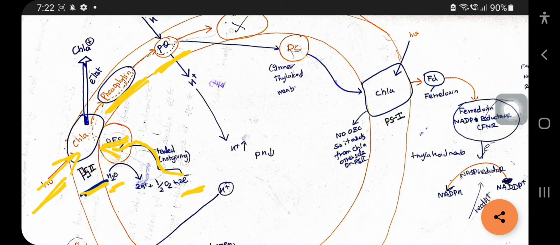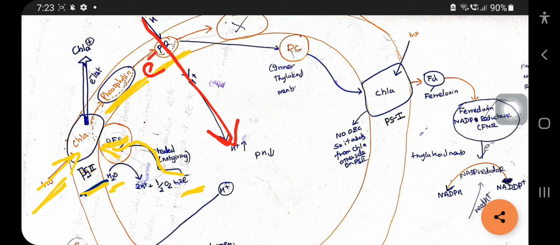Next the electron moves to the compound called plastoquinone. Plastoquinone is a lipid soluble quinone freely moving in the thylakoid membrane. It is not an electron carrier primarily. It is an H plus acceptor or H plus carrier. For every electron it transports, it will transport hydrogen, because it is primarily an H plus transporter.